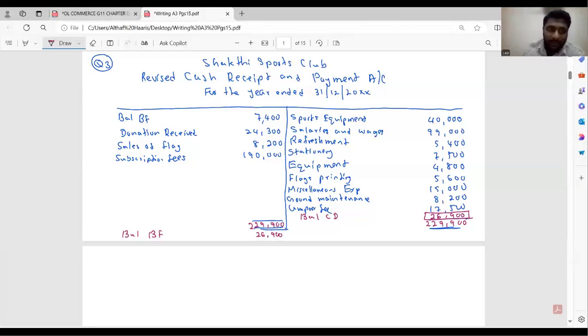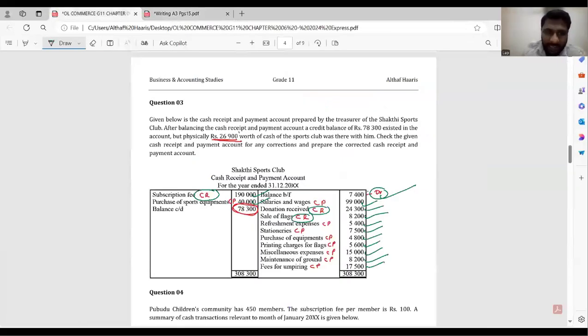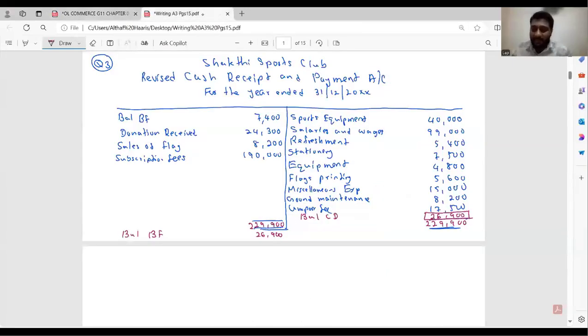Now our account is balancing with the cash balance. First, what you should do is kick your treasurer out, because he doesn't know how to maintain accounts properly. Once you make the accounts, it's nicely balancing.